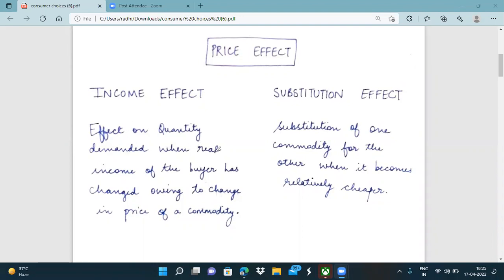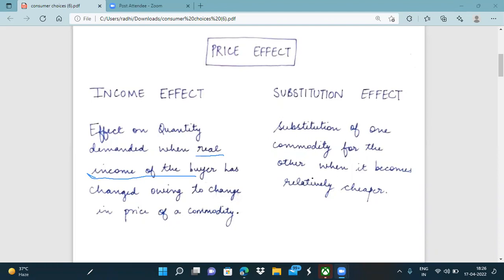It is the effect on quantity demanded when the real income of the buyer has changed, owing to a change in the price of a commodity. Here we notice a key term, which is real income of the buyer. Real income of the buyer is nothing but the purchasing power of the consumer.